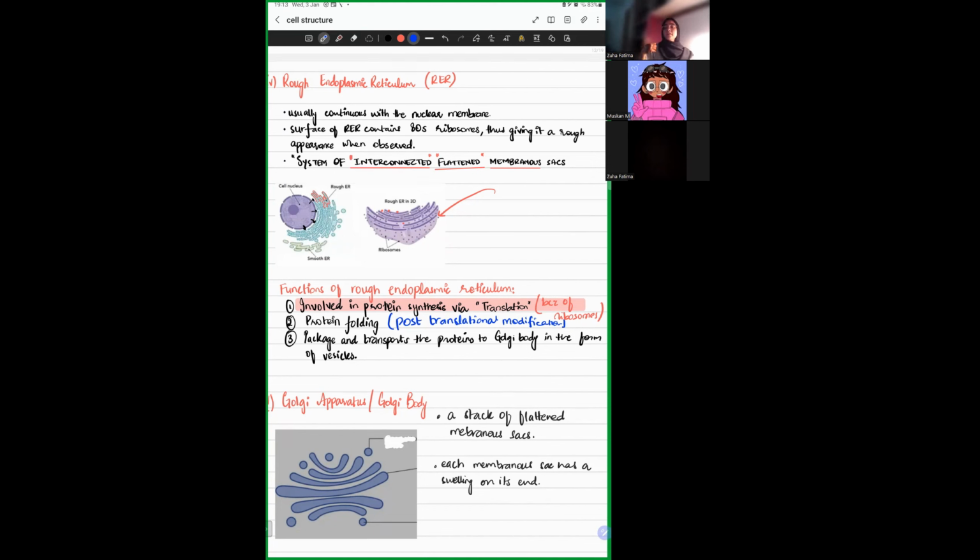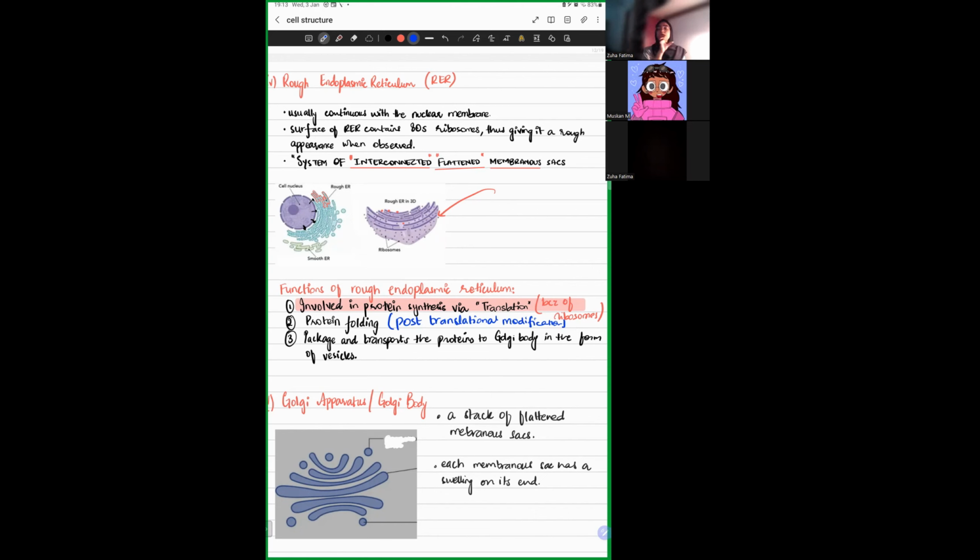So basically what is happening in the RER? The RER is involved in translation. Why? Because it has ribosomes on its surface. Those ribosomes are converting or translating the messenger RNA into a polypeptide chain. Multiple polypeptide chains come together to form a protein. They're folded, organized, and modified in a way that a protein is formed.